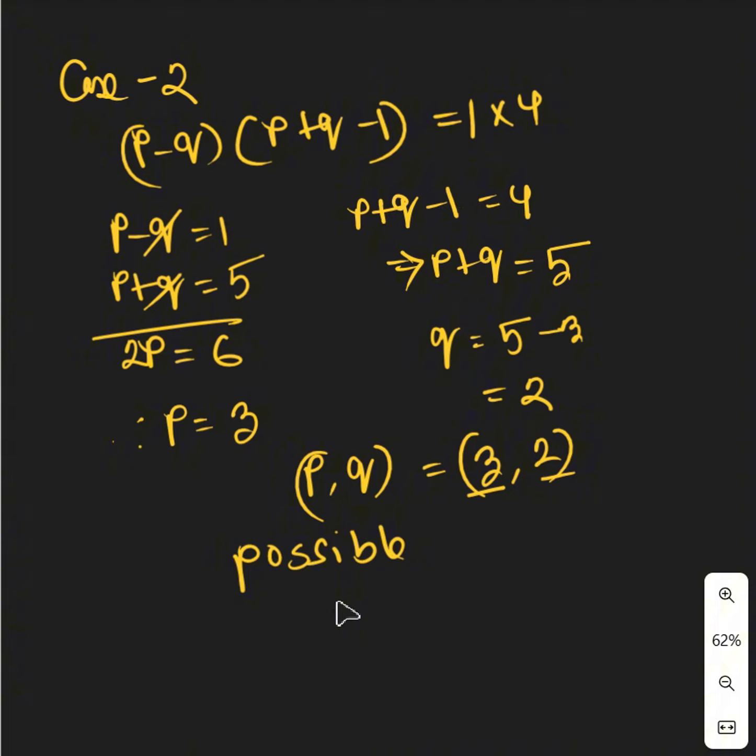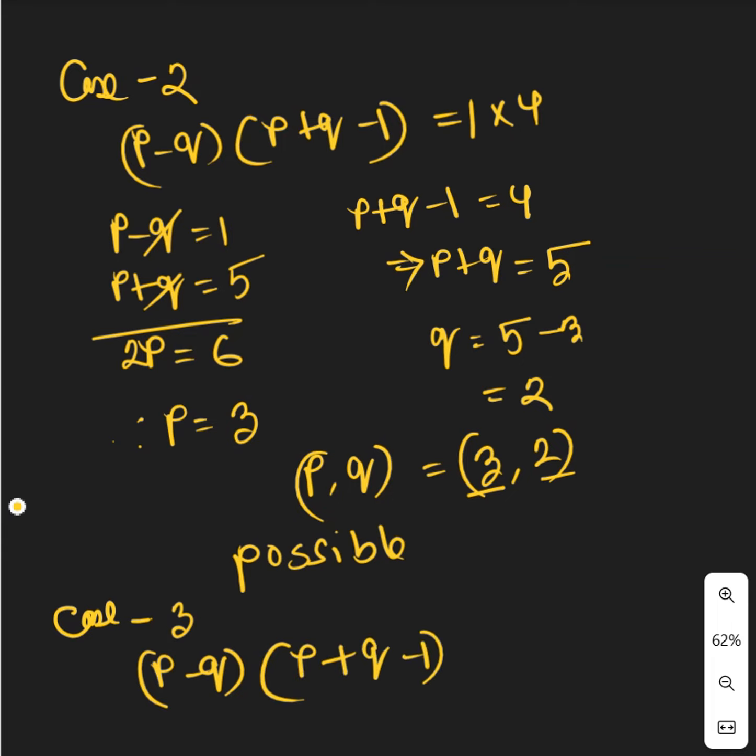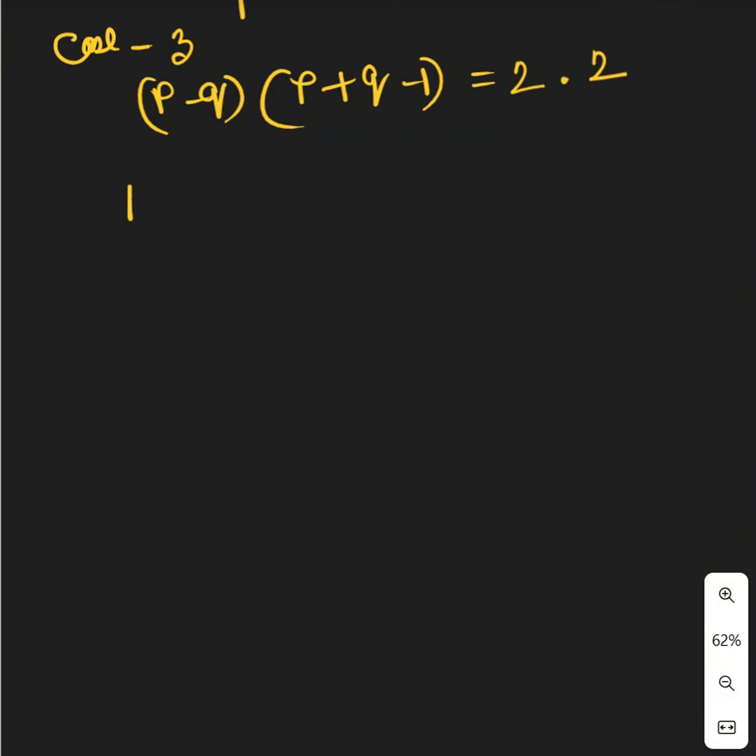Now case number 3. P minus Q times P plus Q minus 1 is equal to 2 times 2. So here P minus Q is equal to 2. P plus Q minus 1 is equal to 2 as well. So P plus Q is equal to 3.